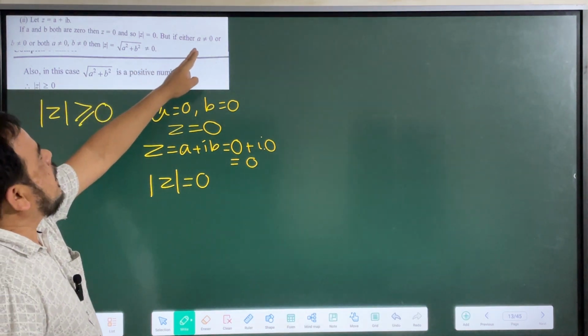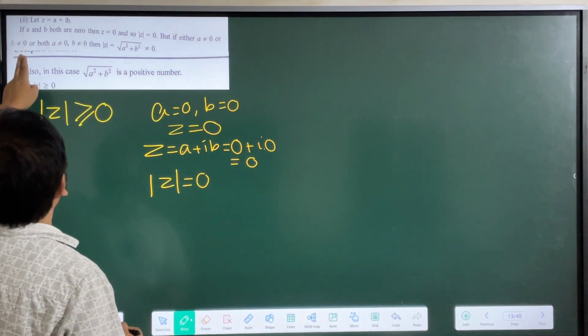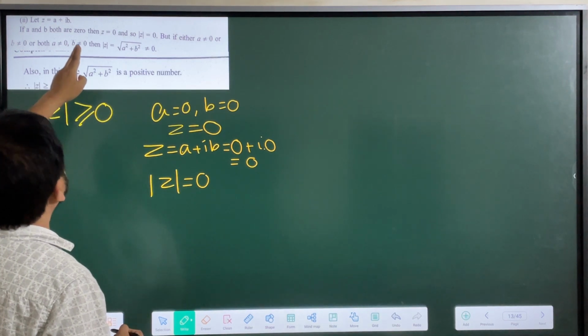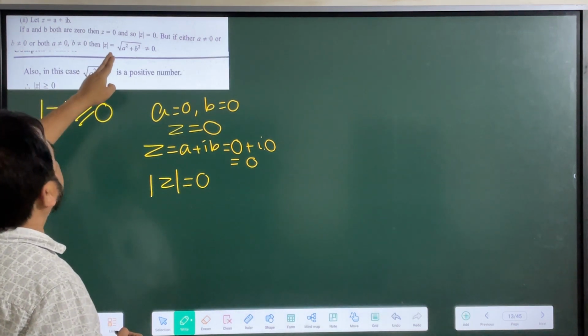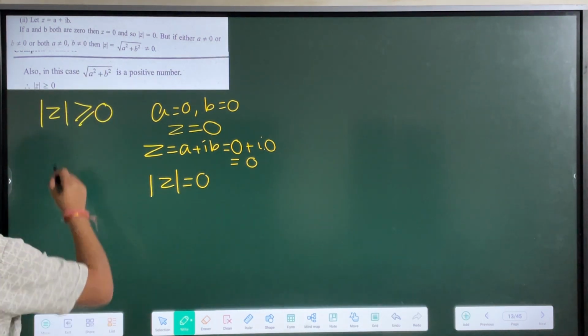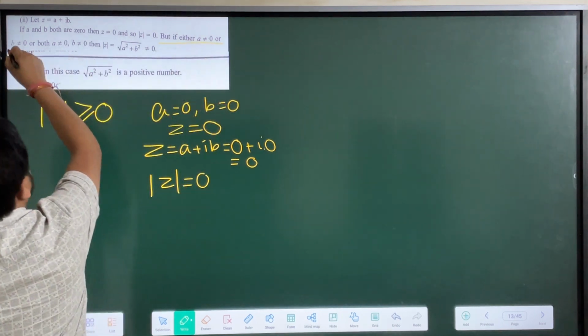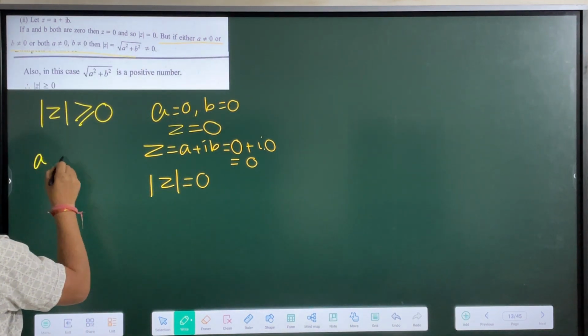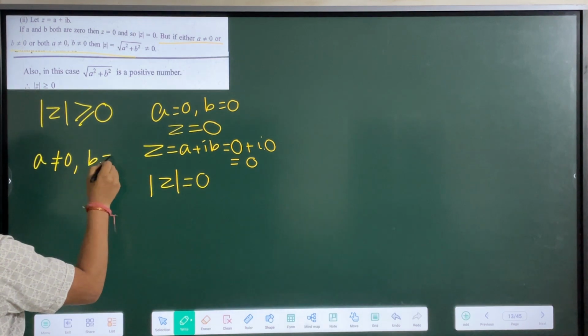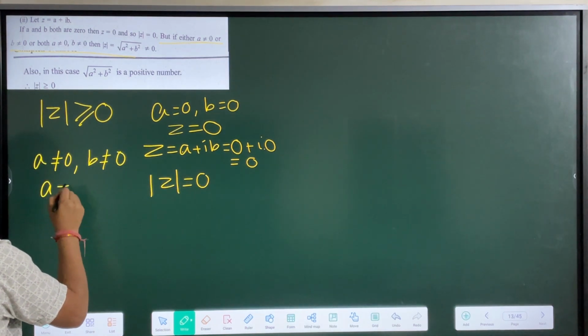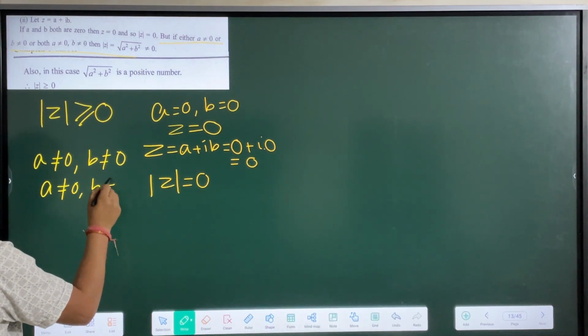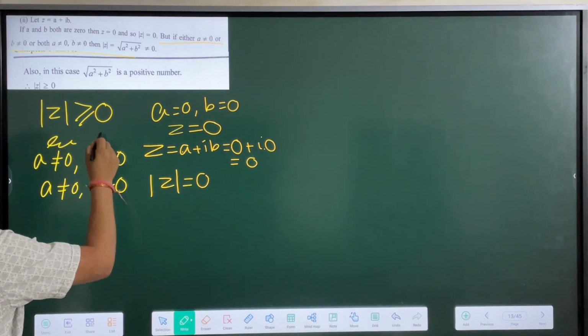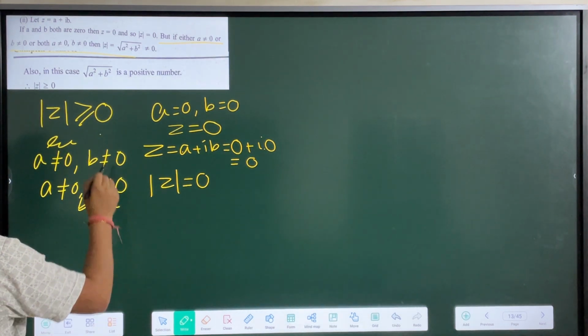But if either a is not equal to 0 or b is not equal to 0, or both a is not equal to 0, b is not equal to 0, then z will be... Look here, this is a very important line. This is either-or, this is both.